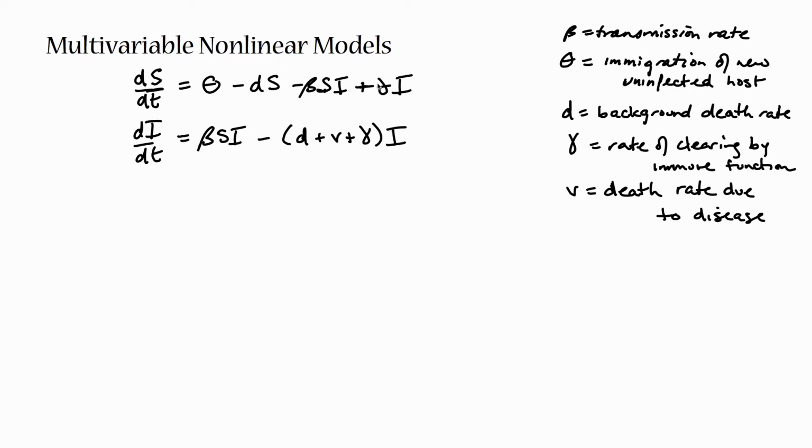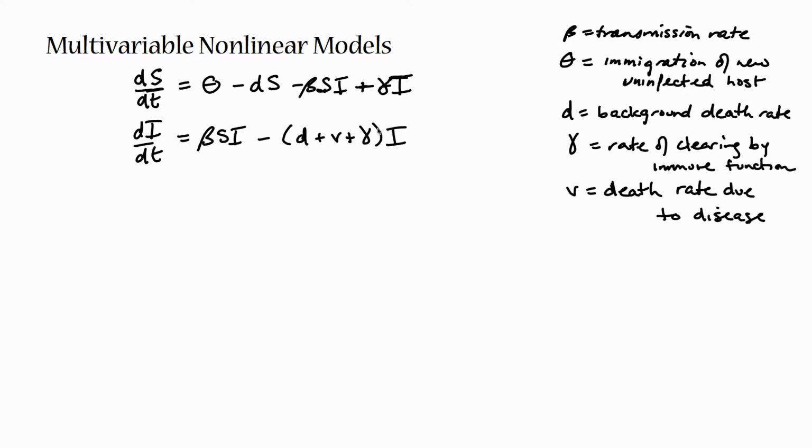And it's going to increase by gamma times I, which is the rate of clearing due to immune function times how many infected people there are. So that's how many new susceptible people there will be who just got better. The number of infected individuals is going to go up by the rate of infection of susceptible people, and it's going to go down by all of these death rates times the number of infected individuals.